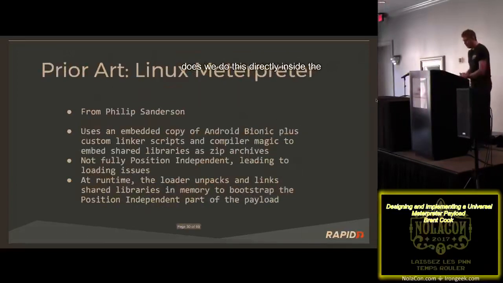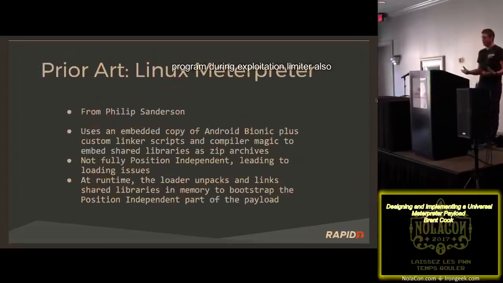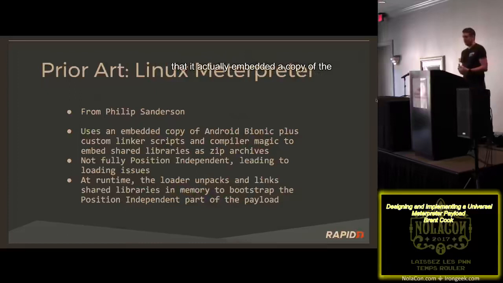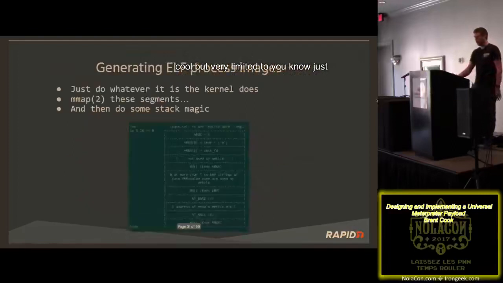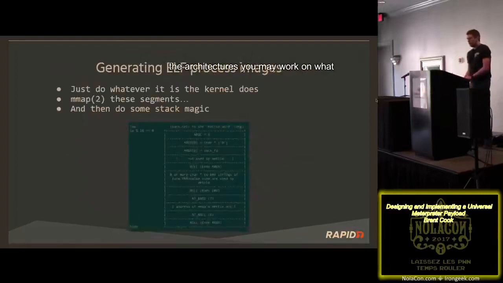So basically doing all the things that the OS does, we do this directly inside the program during exploitation. Linux Meterpreter also had something really interesting in that it actually embedded a copy of the Android C library into itself and then zipped up libraries and linked them on the fly into the memory image. Pretty cool, but very limited to just the architectures we made it work on.